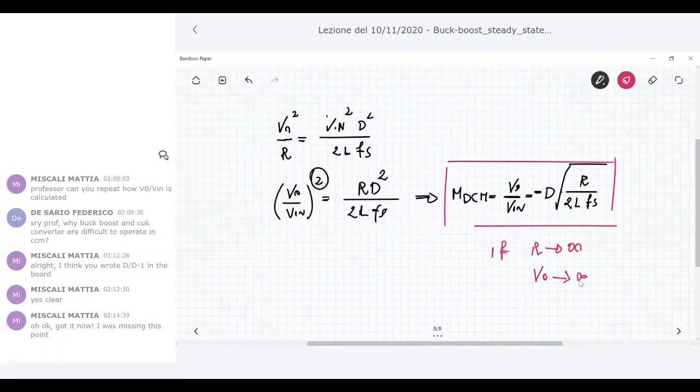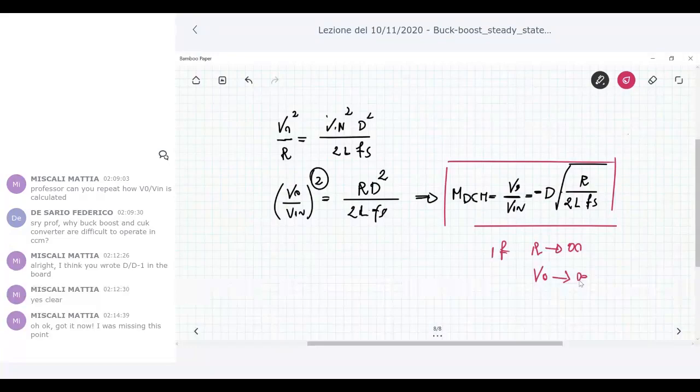That means my output diverges up to the point that the output electrolytic capacitor overcomes its maximum working voltage, and so typically it explodes, like popcorn, and then you cannot use it anymore.